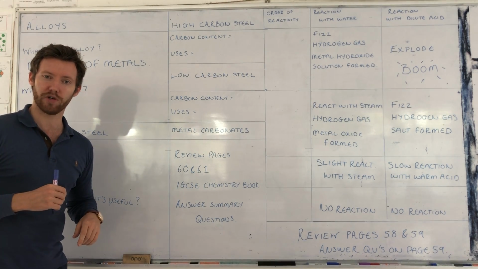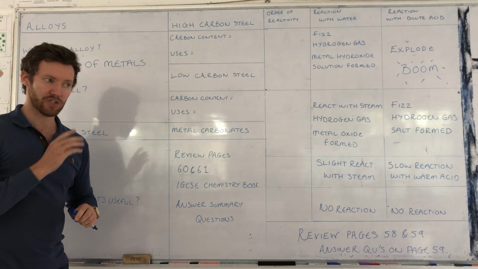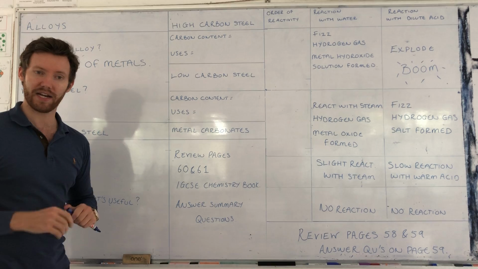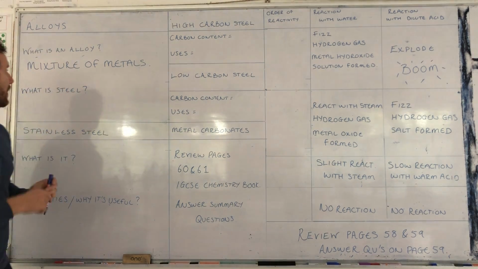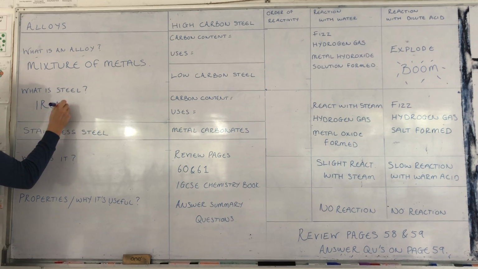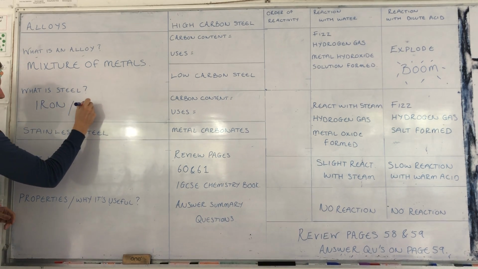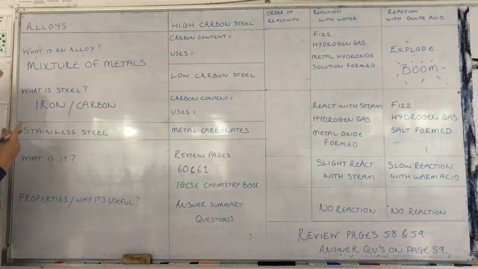You would have heard this word before, very popular word within industry, and I would imagine if you walked into your kitchen right now, you could probably identify something made of steel. Well, steel, it is simply an iron carbon mixture, alloy.